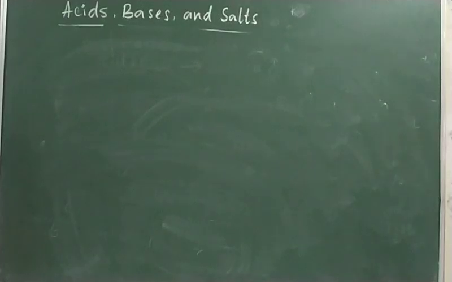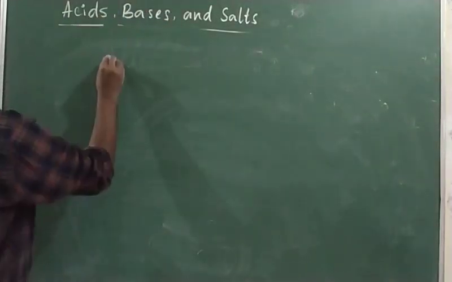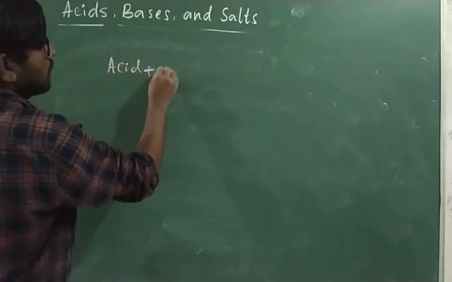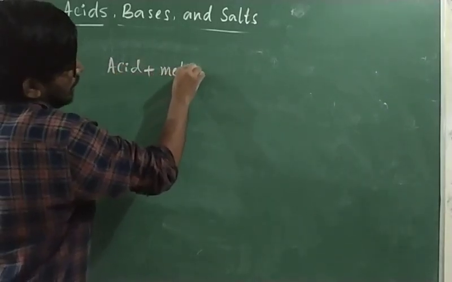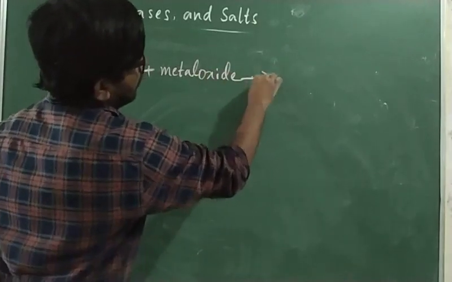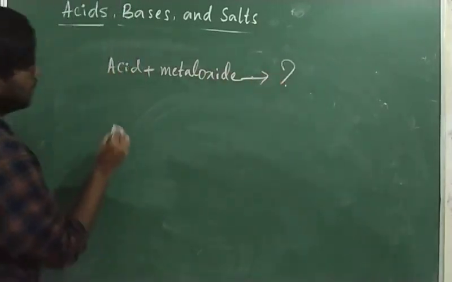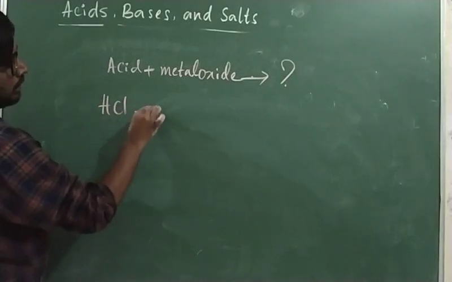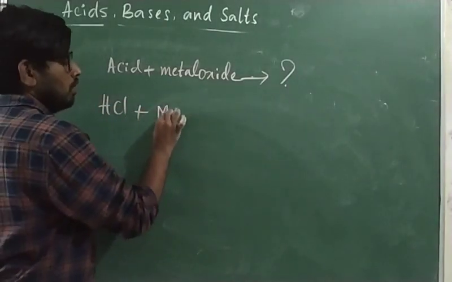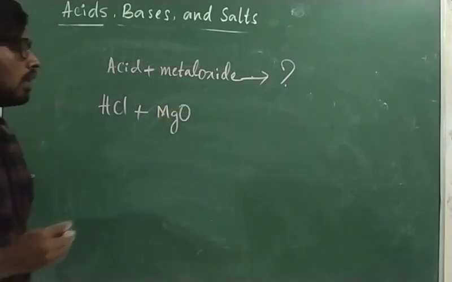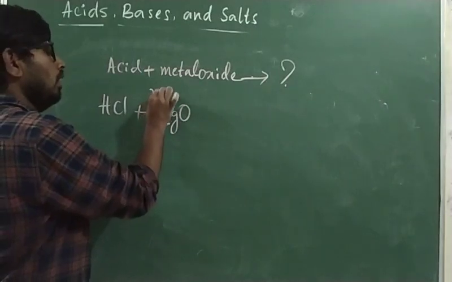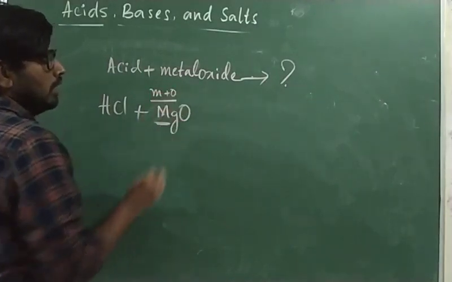Next one, if you take acid plus metal oxide, what is going to happen? If you take hydrochloric acid, metal oxide means, as you know, we will take magnesium oxide. After burning of magnesium, it is a metal plus oxide, metal oxide it is.